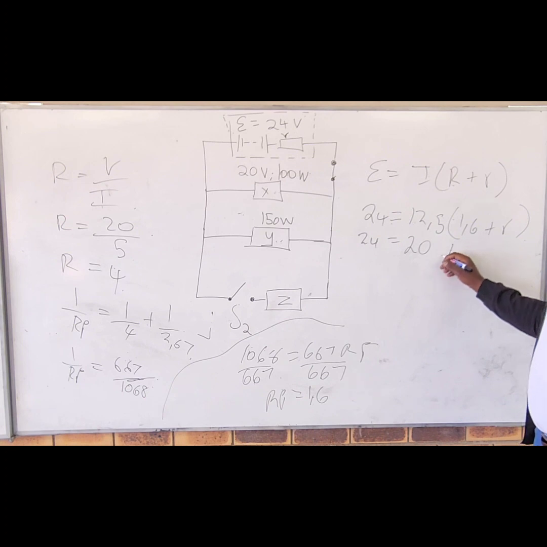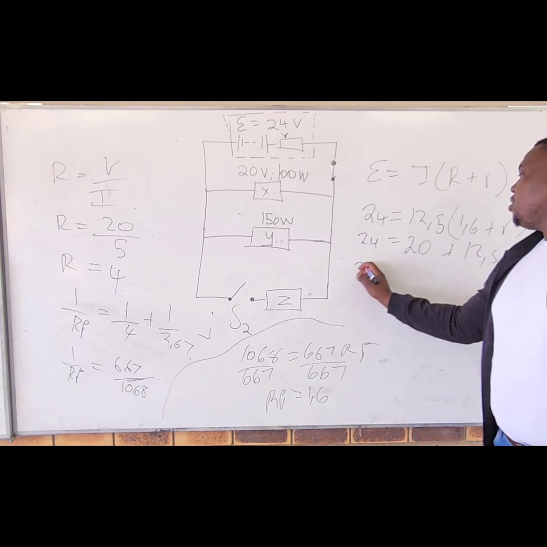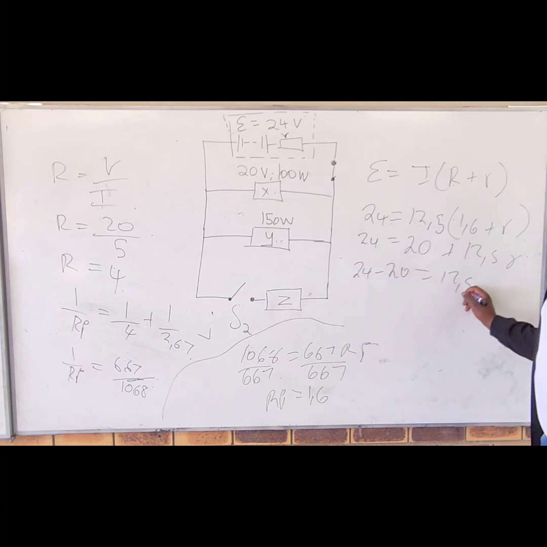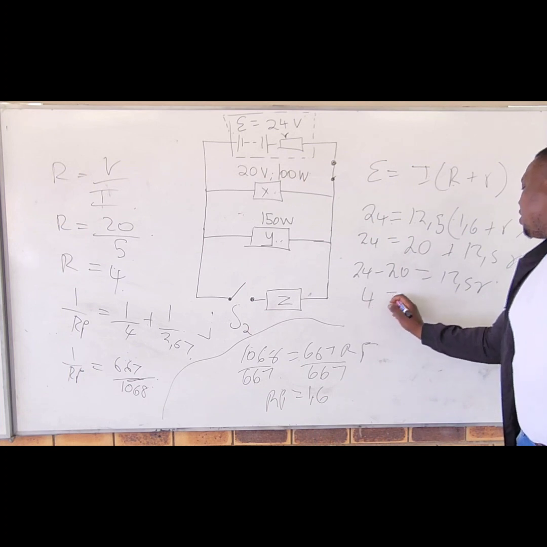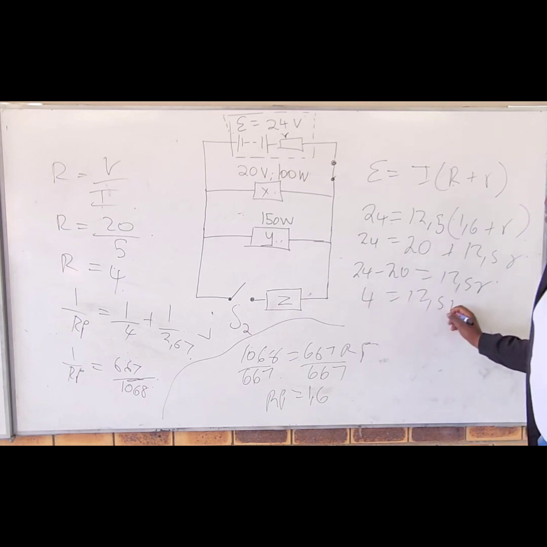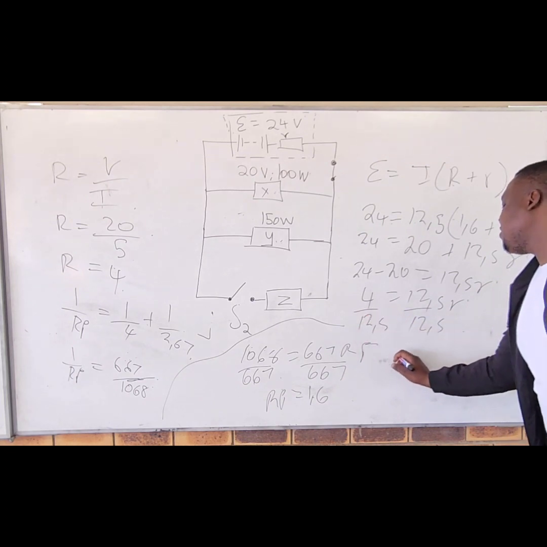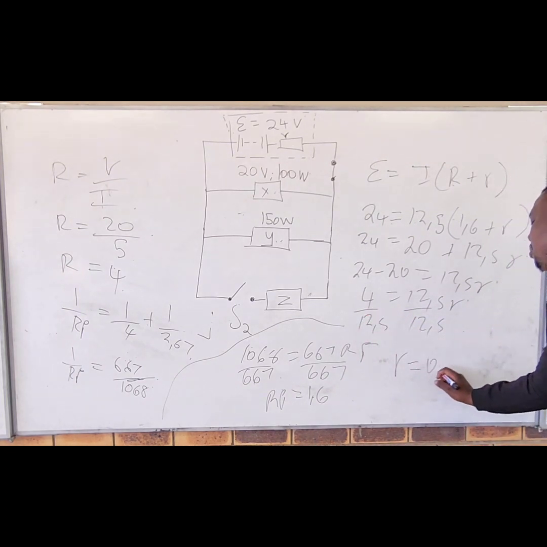Then plus 12,5R. Then we're going to have 24 minus 20, which is equal to 12,5R. Then we're going to have 4 is equal to 12,5R. Then we divide by 12,5. Then R is 0,32 ohms.